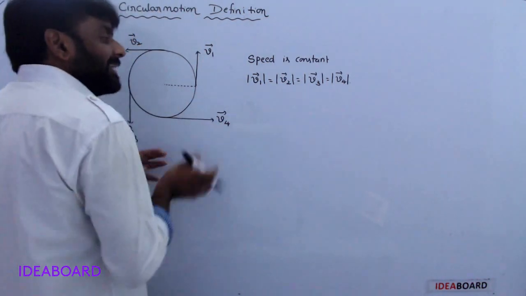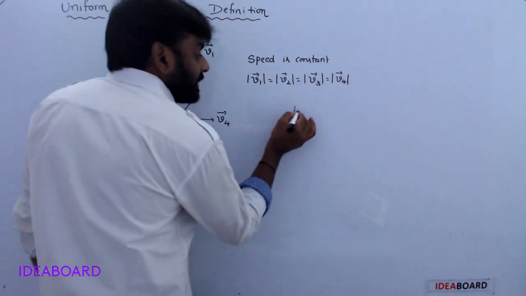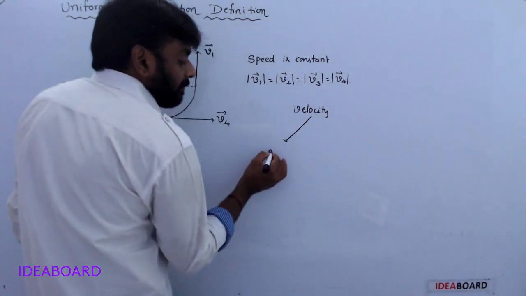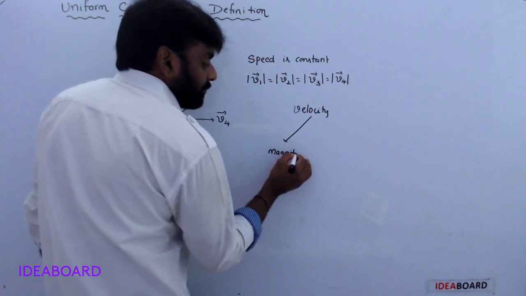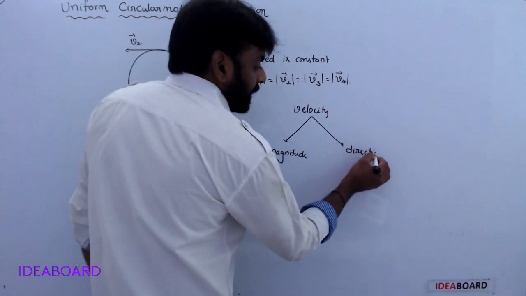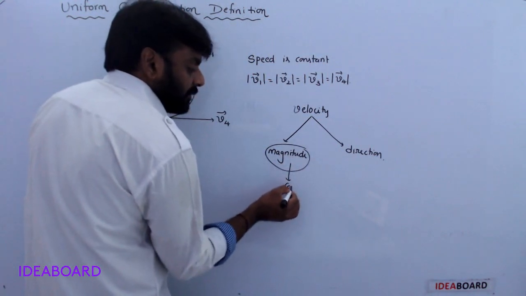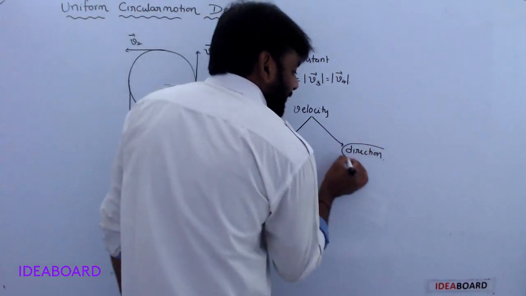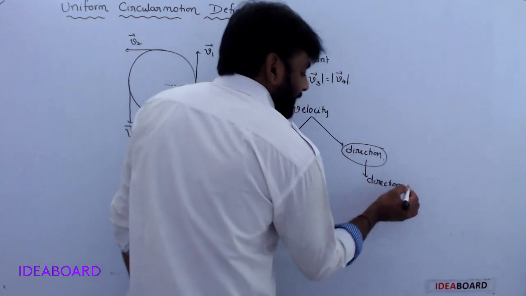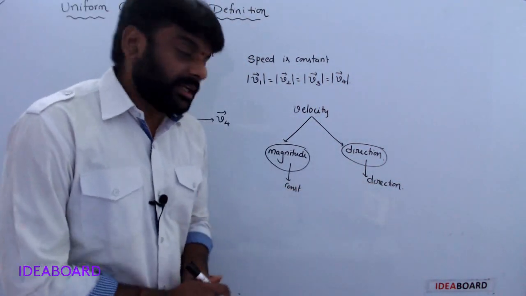In this case, which one changes? Velocity has both magnitude and direction. Magnitude is constant. Which one changes here? Direction. Here the changing quantity is direction.